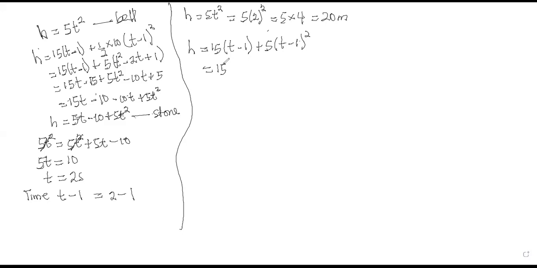So 15 times 1 plus 5, when you expand this, don't forget this is t squared minus 2t plus 1.